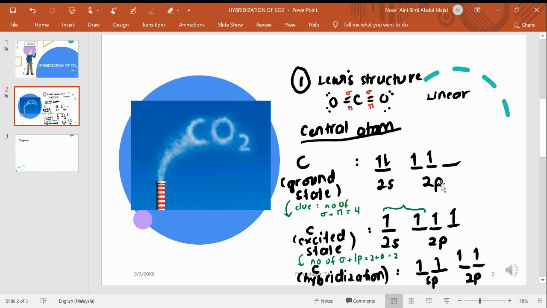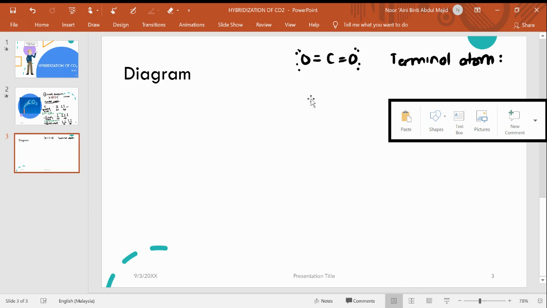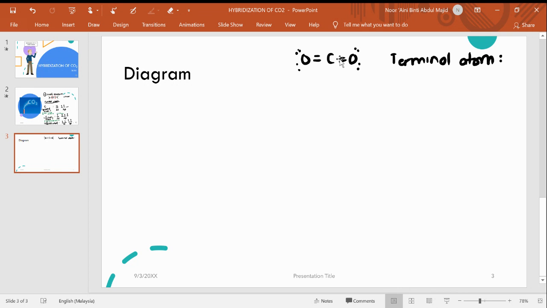Now, what about the terminal atom? Remember it is C bonded to O bonded to O like this. The terminal atom in this case, there are actually two oxygens, but the two oxygens have the same bond. It uses a double bond which binds with carbon.